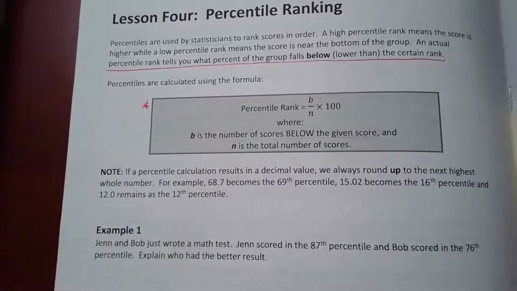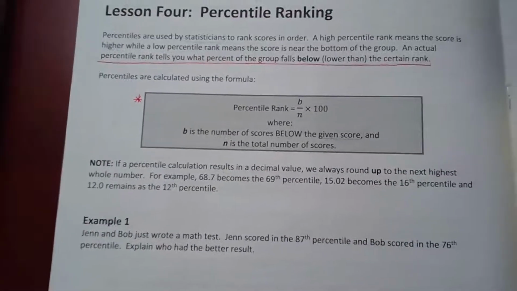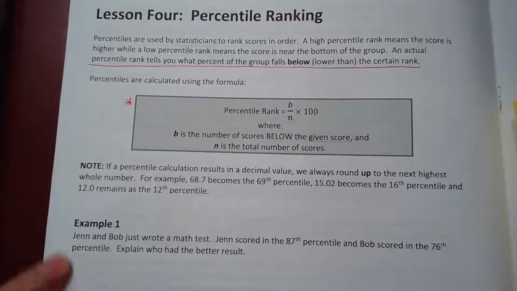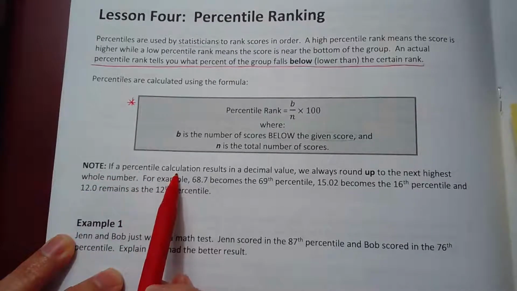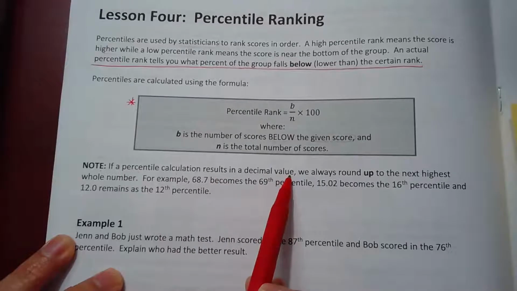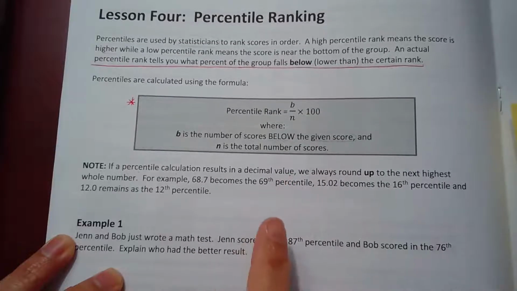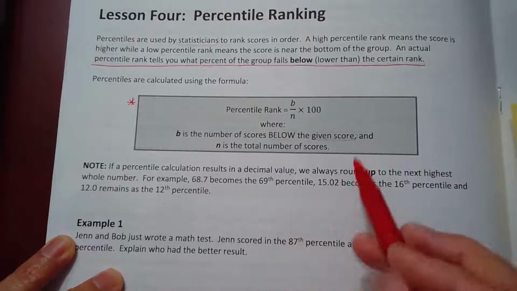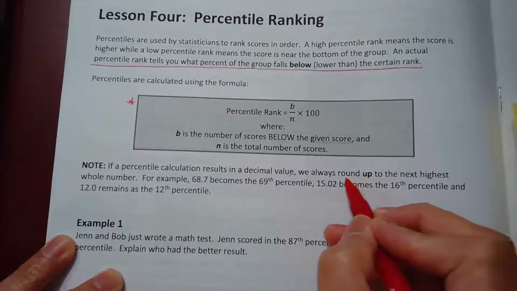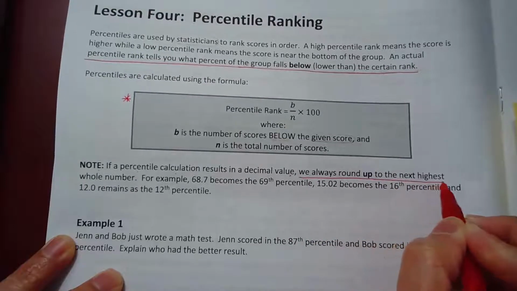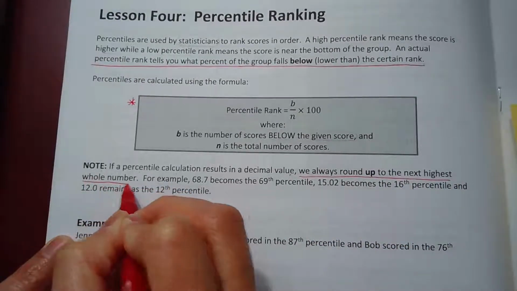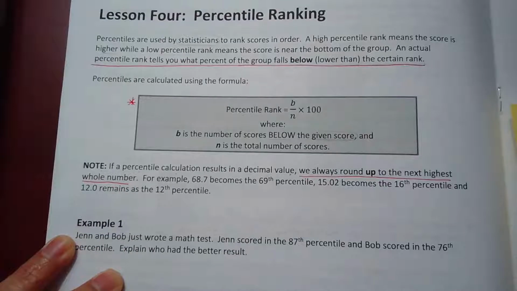And here's the other thing. This is going to be a little bit different from what we are used to. If a percentile calculation results in a decimal value, so we type our answer into the calculator and there's some decimal value to it, here's the key thing: we always round up to the next whole number, no matter what.